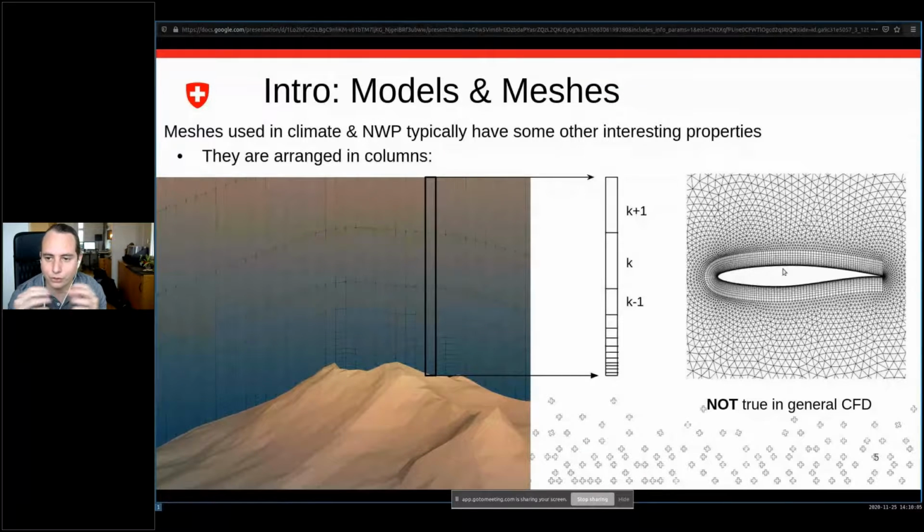But when you go further away, the designers of this mesh decided to apply a coarsening, and then you quickly lose that property of a well-defined upper and lower neighbor. You would need to give up a few conceptual and performance optimizations which are possible in NWP, but not in more general CFD.